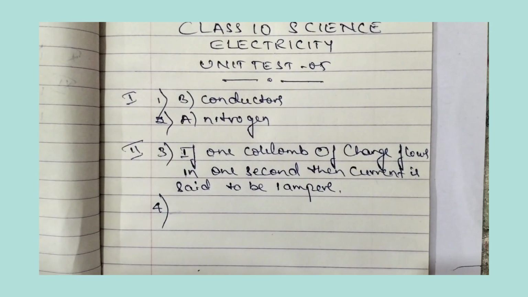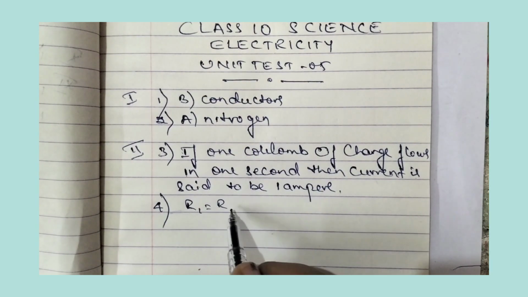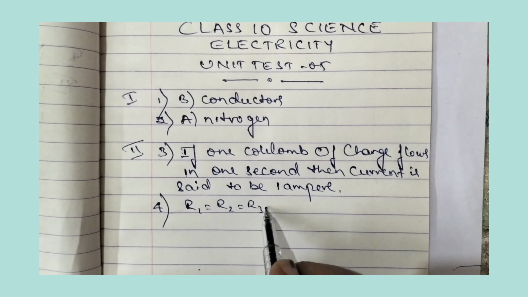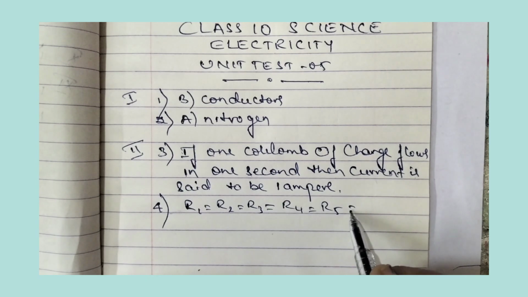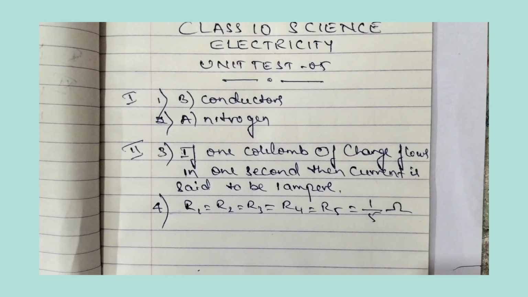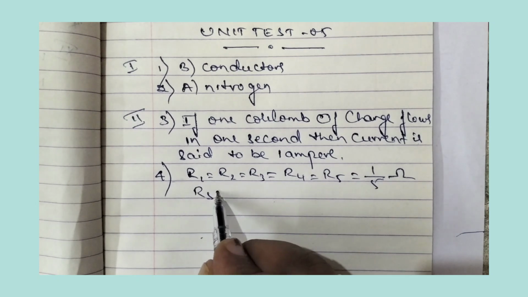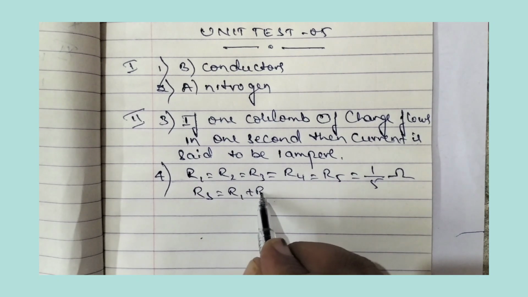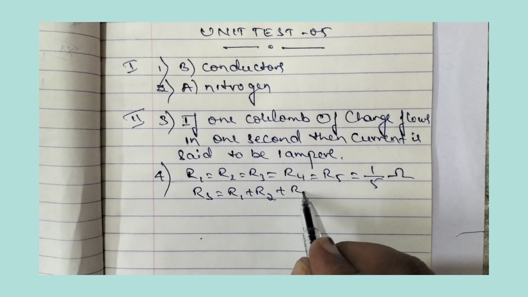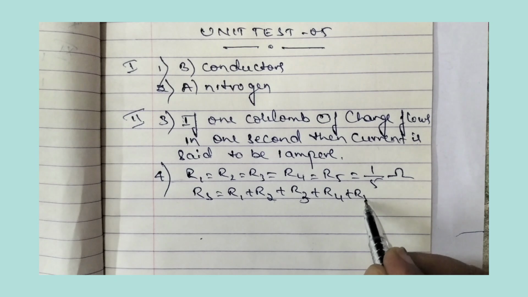So 5 resistors are there, R1, R2, R3, R4 and R5, all having the same resistance, which is equal to 1 by 5 ohm. Now if all the 5 are connected in series, then Rs is equal to R1 plus R2 plus R3 plus R4 plus R5.